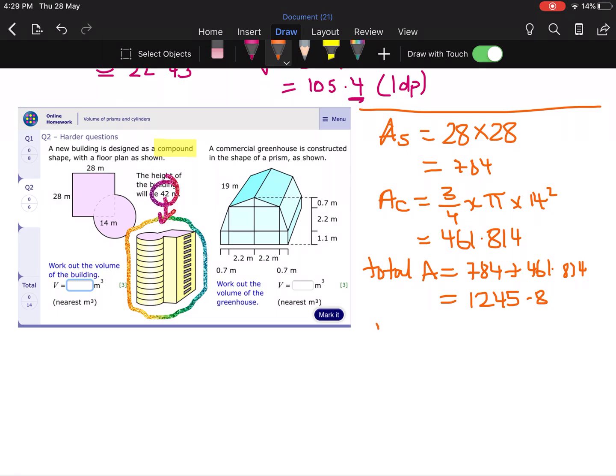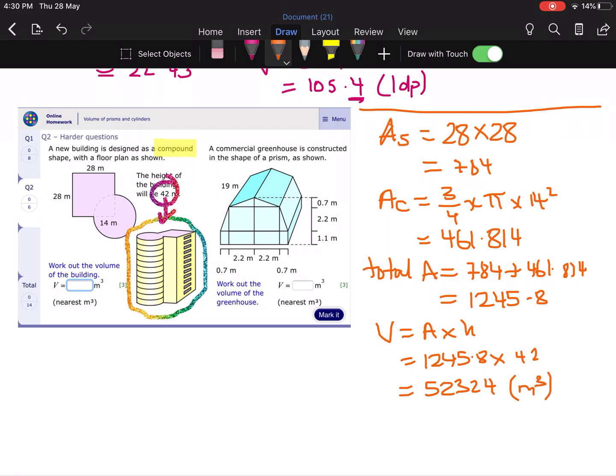So remember your main formula: volume is equal to the area of the front face times, in this case, the height. We know the area of the front face is that, and we know that the height is 42. So that gives me 52324 to the nearest meter cubed.